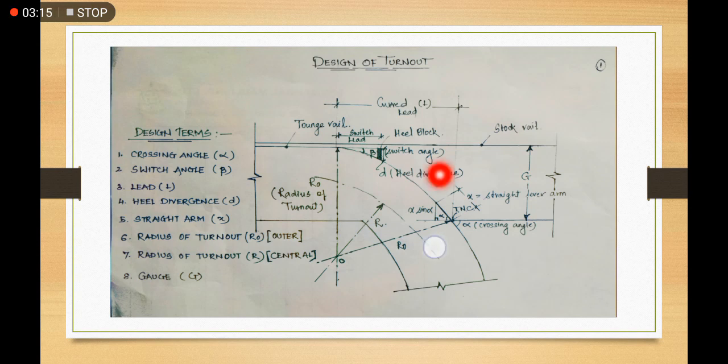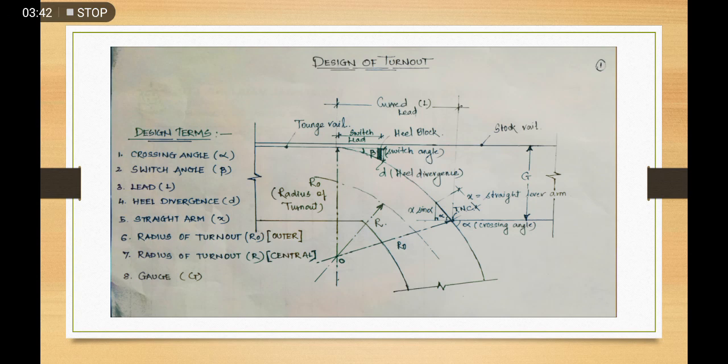Here you can see there is a block provided in between the tongue rail and the stock rail. This block is called the heel block, and whatever distance along the vertical direction of the heel block is called heel divergence, that is also called heel clearance and denoted by D.